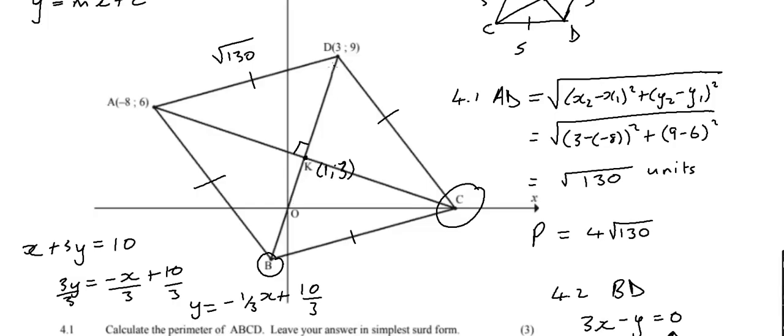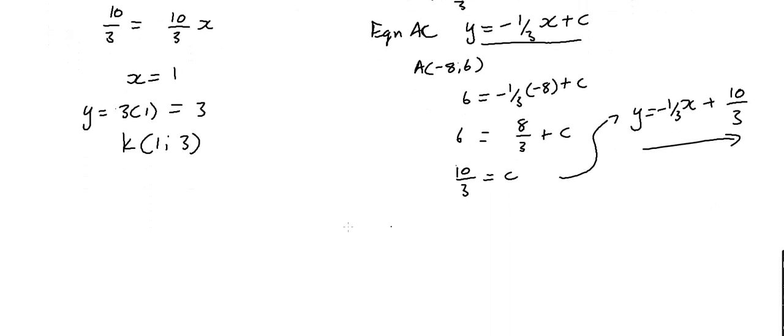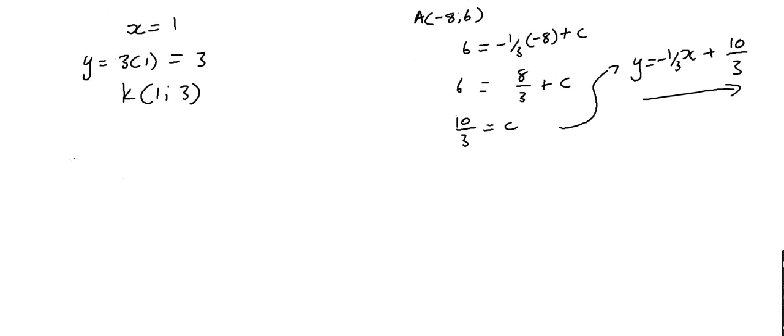But K is the midpoint of B and D. So we can go on to also say this is supposed to be 4.4. We can also say K is midpoint of B, D. What do we know about midpoints?